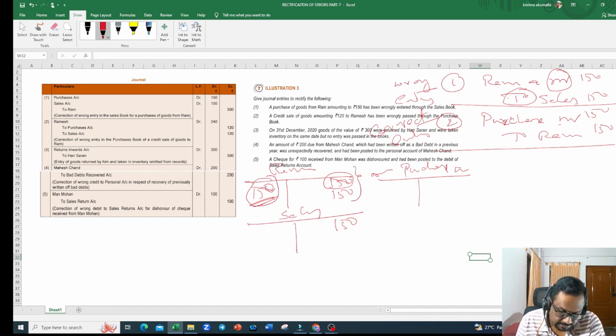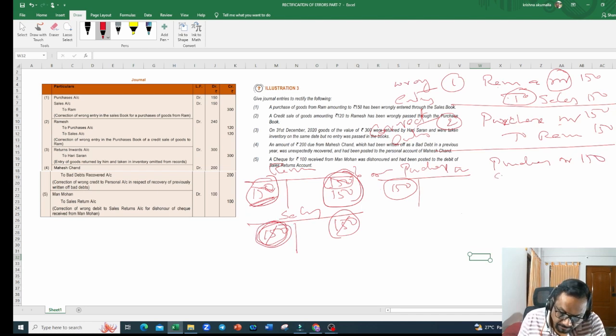Clear? Next, sales account is 150 credited incorrectly, so that has to be debited to rectify this. Here there is no need to put another 150 because sale is a wrong entry. We are just rectifying this by debiting this 150. So this 300, this 150. Then purchase account should come debit 150. That is not posted. So now you tell me, purchase account debit 150.